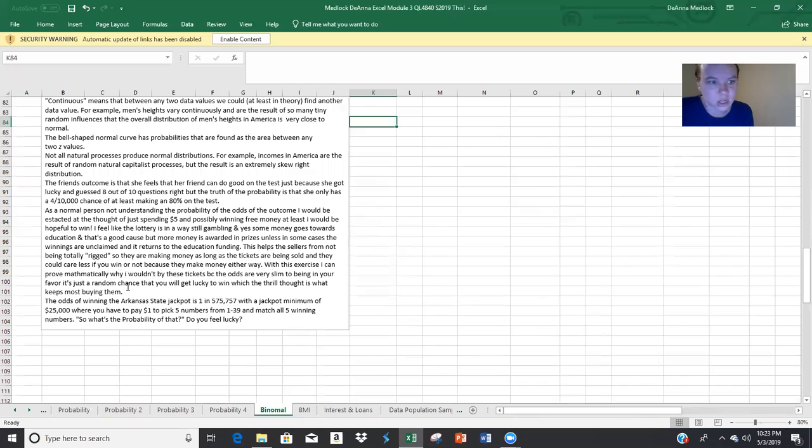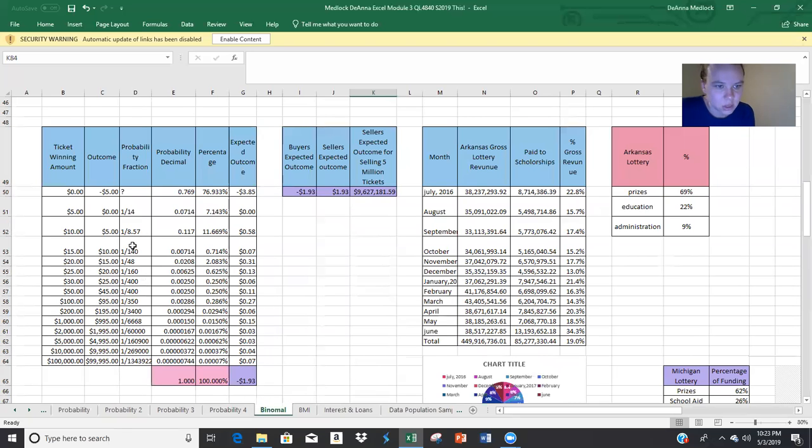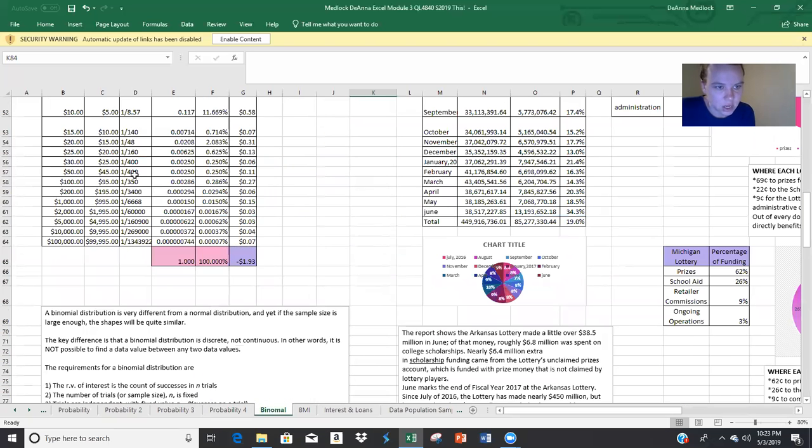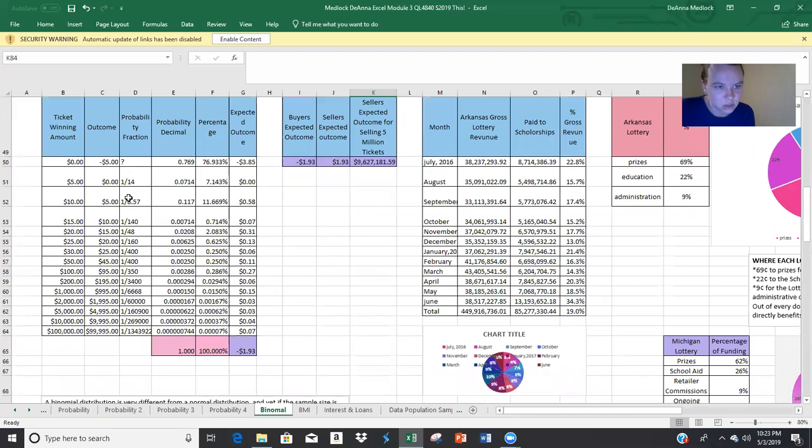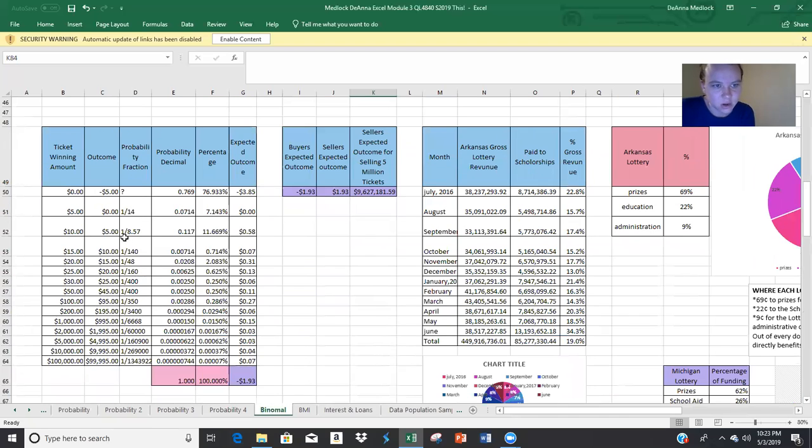But with this exercise, I can prove mathematically why I wouldn't buy these. The odds are very slim to being in your favor. And I think the highest one would be 1 out of 8.57.